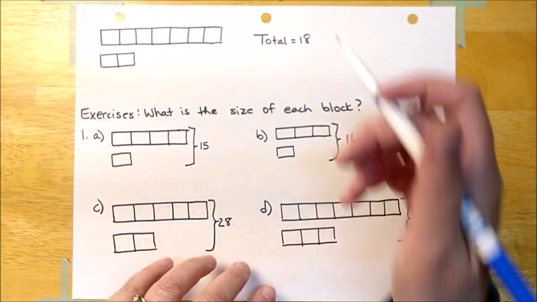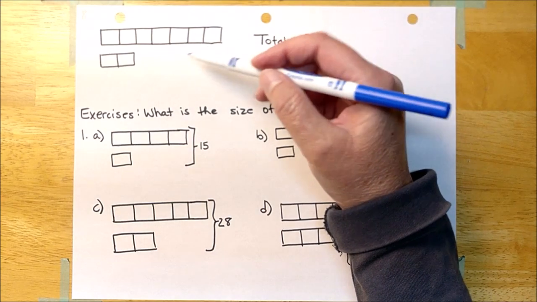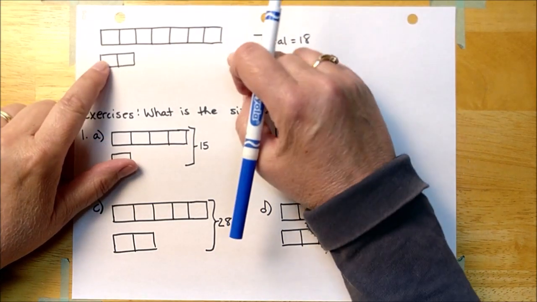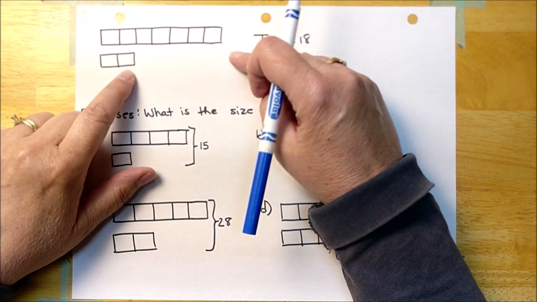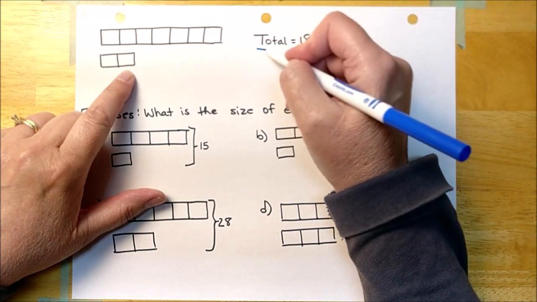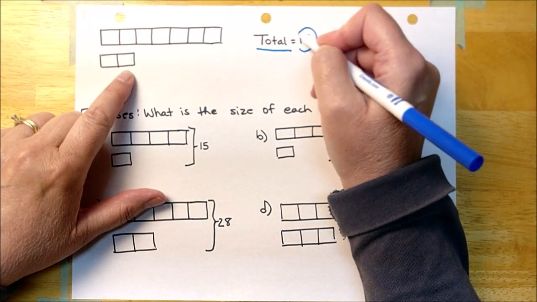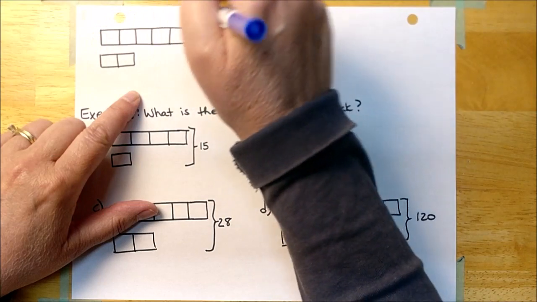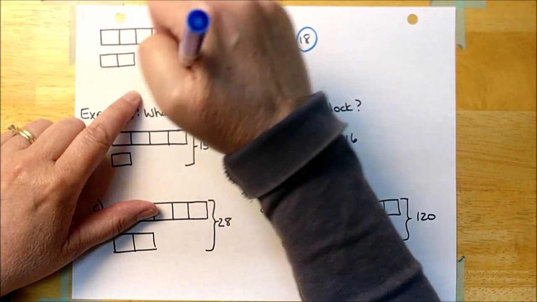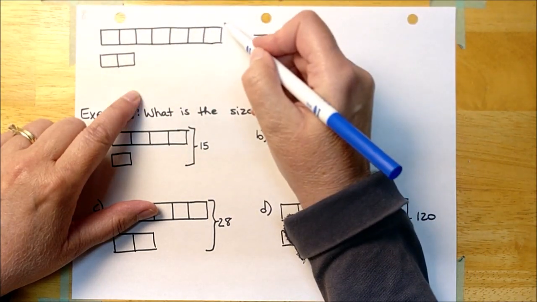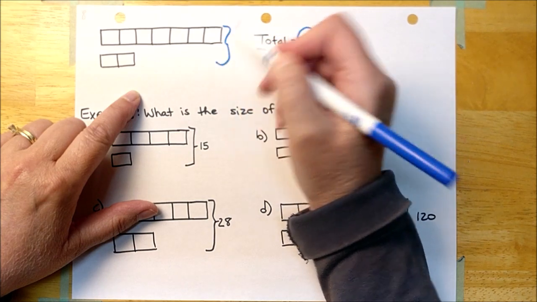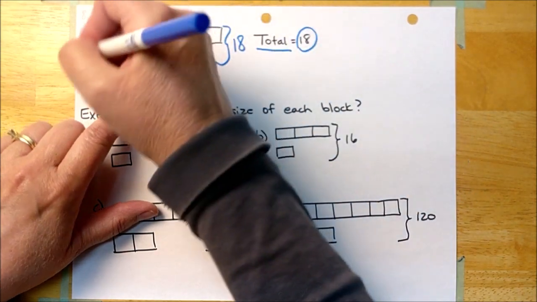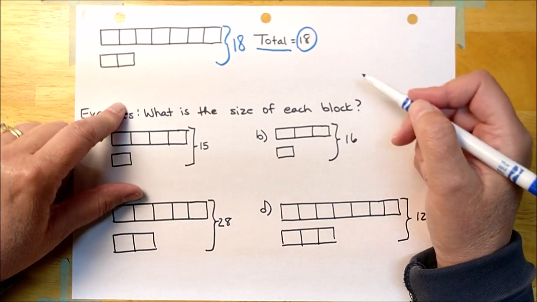Okay, so now the student drew these in their margin of their book, and they were told that the total is 18. So the total number that all of these equal is 18. So I'm going to put this symbol which says all of these equal 18.